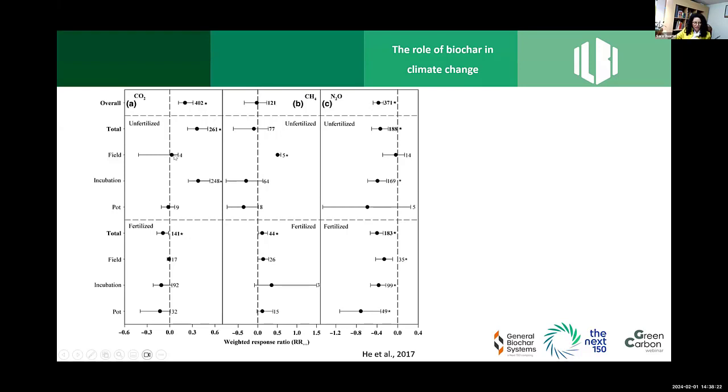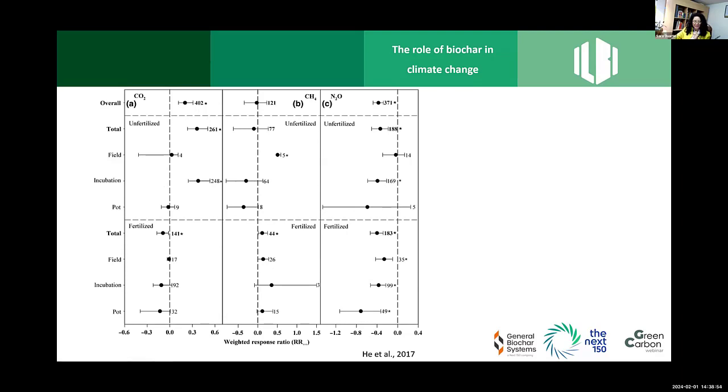So in field conditions, it's almost zero when we apply biochar. If your soil is fertilized, it's also zero, so no effects on CO2 emissions. So how about methane? In methane, we have a little increase in field conditions, and also a little increase when the soil is fertilized.